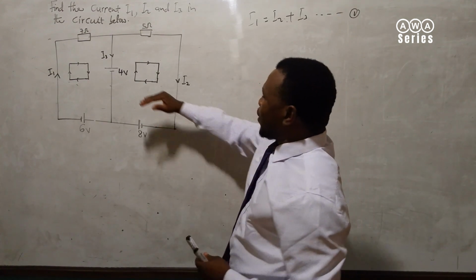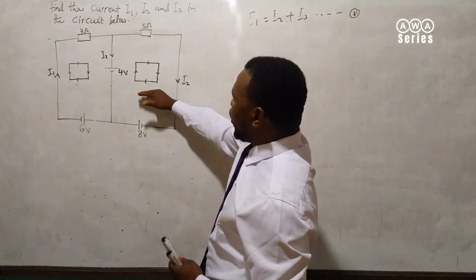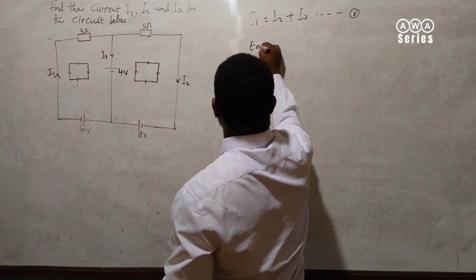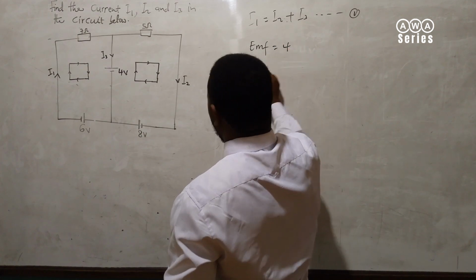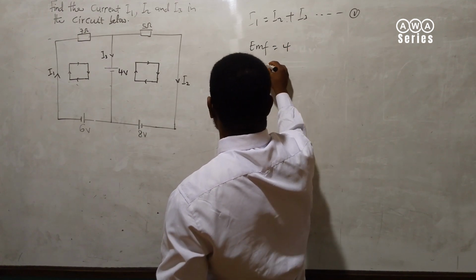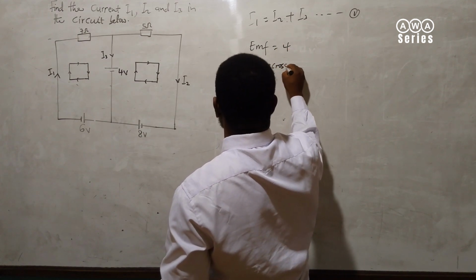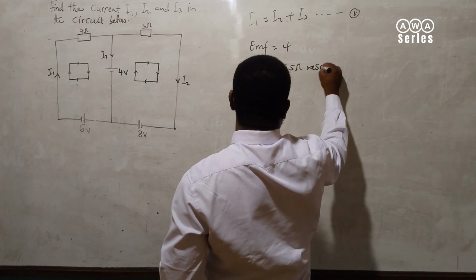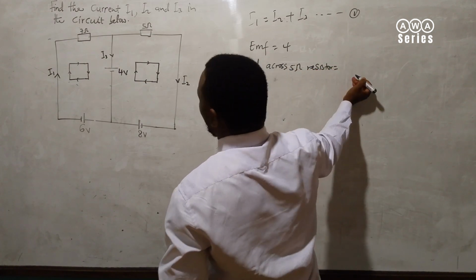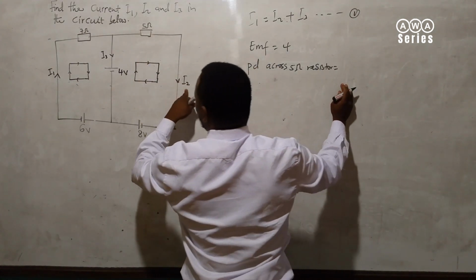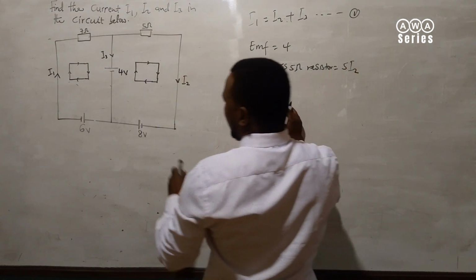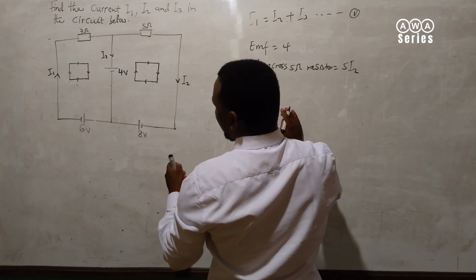Now, let's consider this loop. The loop here, the EMF is 4. And the potential difference across the 5 ohm resistor is I2 times 5, so 5I2.